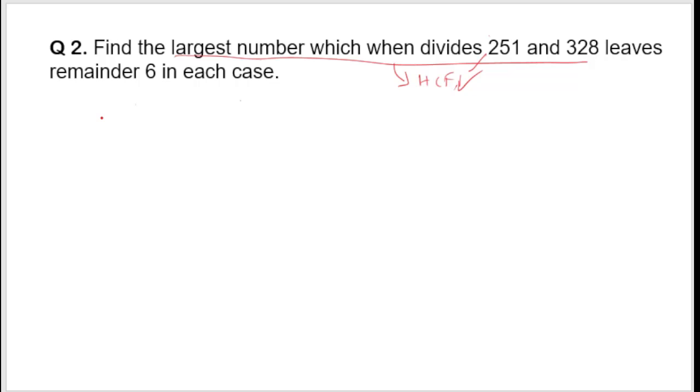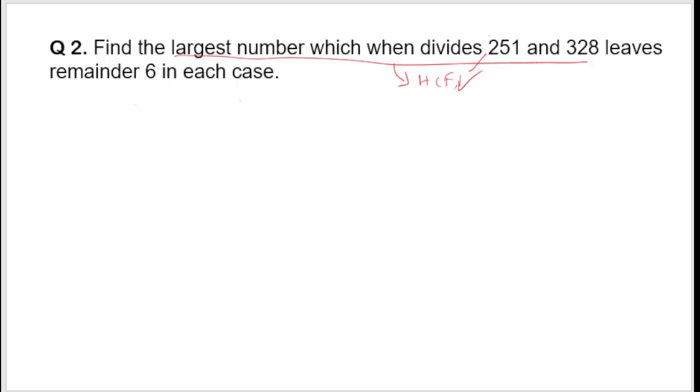So what we should do now, because the HCF concept is what? HCF or GCD, whatever you may say, is the same thing, that the HCF completely divides the given numbers, means it must give the remainder as 0, but here 6 remains.